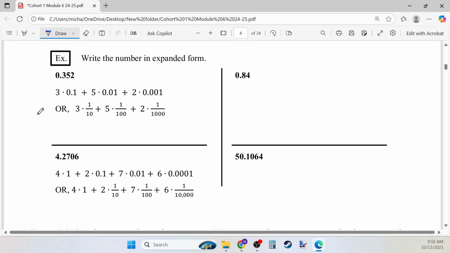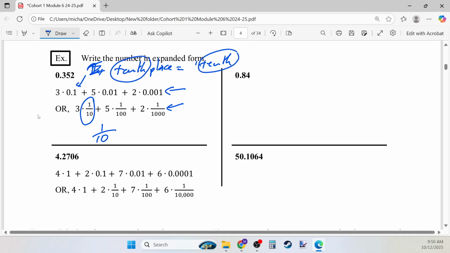Write the number in expanded form. So expanded form is one of these two things. They mean the same thing. This is a fraction, meaning we have one piece where 10 of them add up to a whole object. This means the same thing. That's why they have the same name. This is the tenths place in decimal form, but that's the same as 1/10.